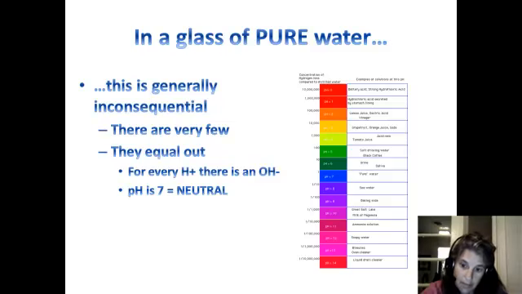And then the other extreme, on the other side of 7, you will go up to 14, which is liquid drain cleaner. Ammonia is at 11. So some really caustic substances in there. So that's our pH scale, 0 to 14, 7 being neutral. And in a pure glass of water with nothing else in it, it's going to be a pH of 7, which is neutral, which is perfectly harmless to us.